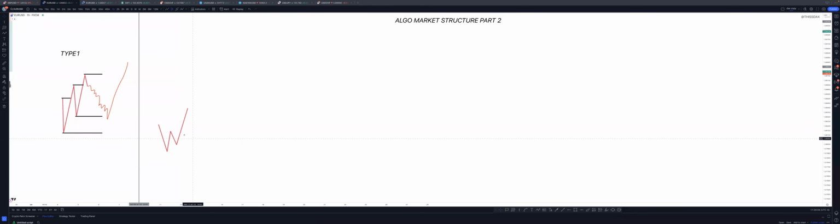Before price breaks this main structure, price creates this low, then eventually breaks the structure. So in this scenario, this right here is our A, this is our B, and this high is our C.